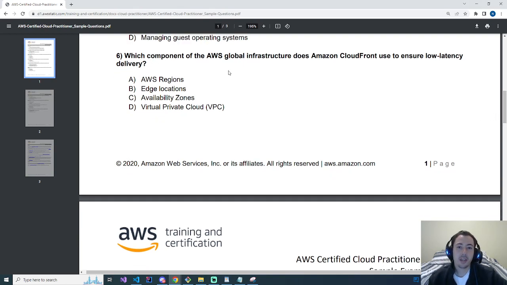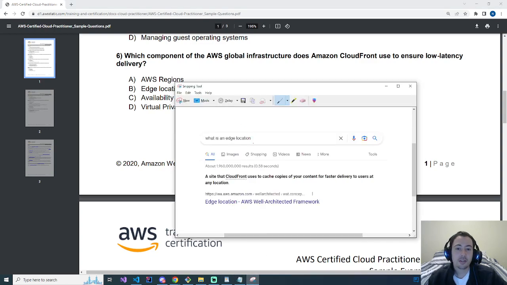Which component of the AWS global infrastructure does Amazon CloudFront use to ensure low latency delivery? AWS regions, edge locations, availability zones, virtual private cloud. If you do a very quick Google search, what is an edge location?